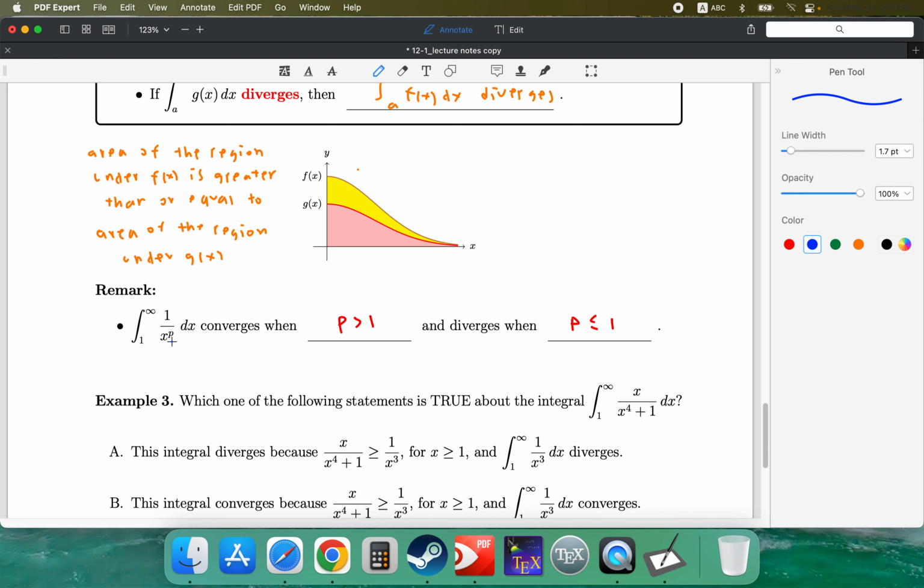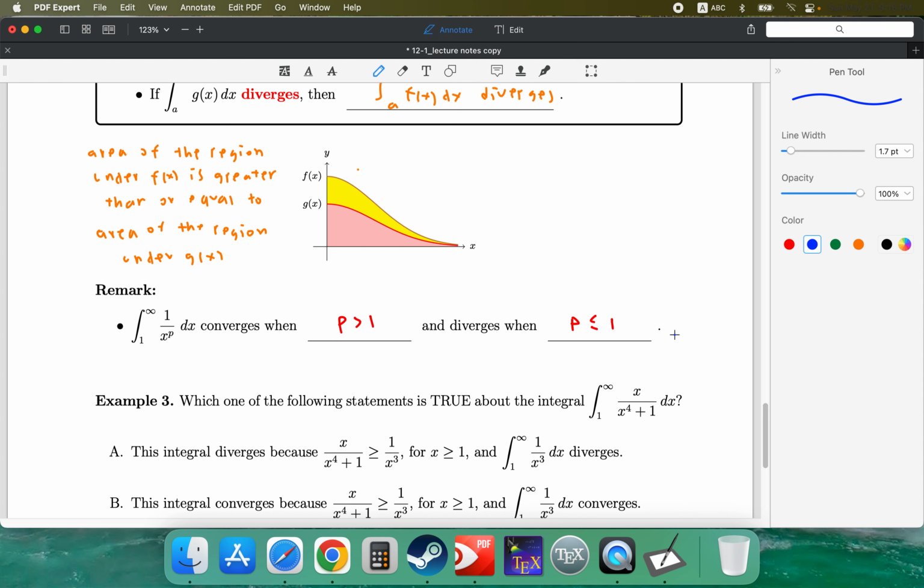I will leave that for you as an exercise. Try to practice some values: p equals 1, p equals 2, p equals 3, p equals 1/2, p equals 1/3, and you can get a conclusion. As I mentioned earlier, we will use it a lot in chapter 10. So after you practice this, it is my suggestion to memorize this.